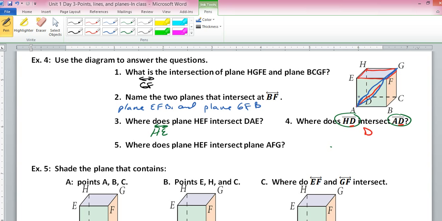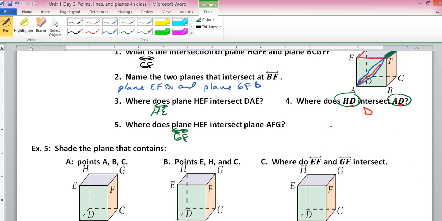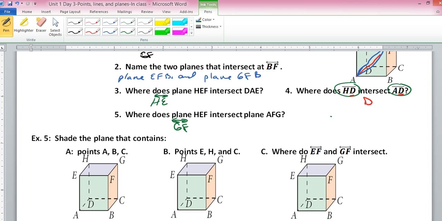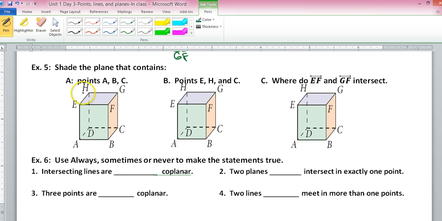So you have to draw that plane in there, and I know this is hard to see because it's 3-dimension on paper. But when you look at these two, where do you see matching colors? Well, you see those colors intersect at line GF. So that one is probably the most difficult out of all of them. Remember, 3-dimension when you're holding it in your hand is easy, but once you put it on paper, it's a whole new ballgame because it tends to be a little more complicated.